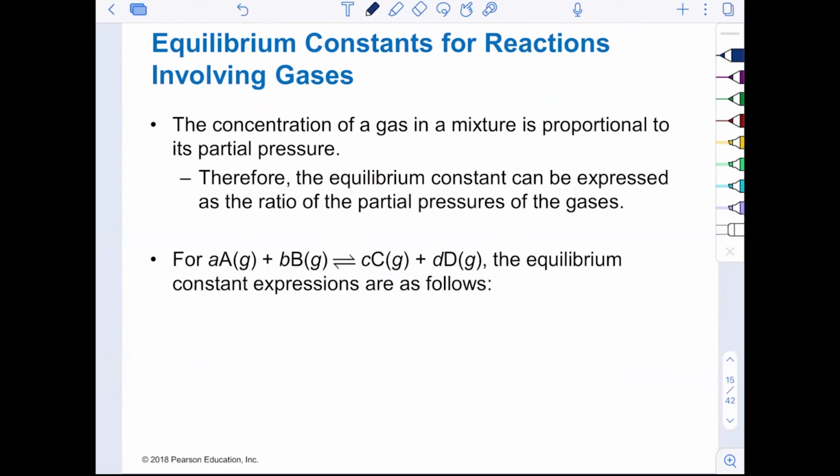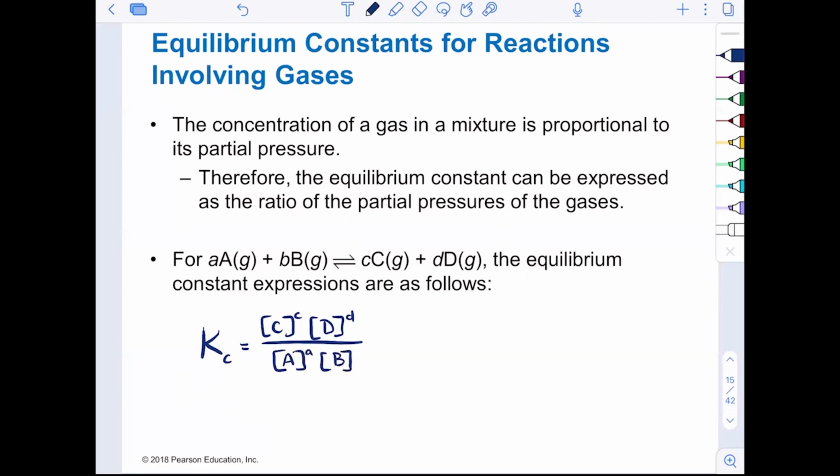When we have reactions involving gases, we can still do the exact same analysis that we just did with concentrations of a gas mixture. We can also use partial pressures as well. So there are two ways that we actually can write a K value. Kc would be using concentrations, molarity, products over reactants.